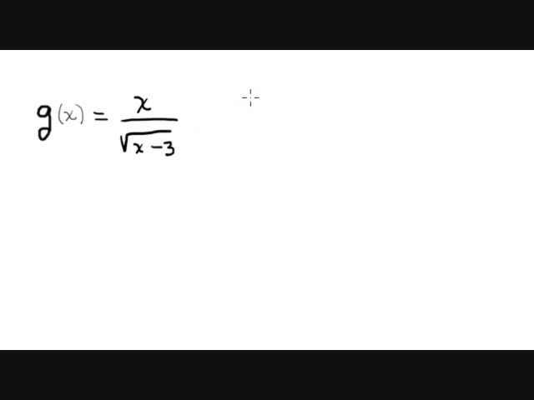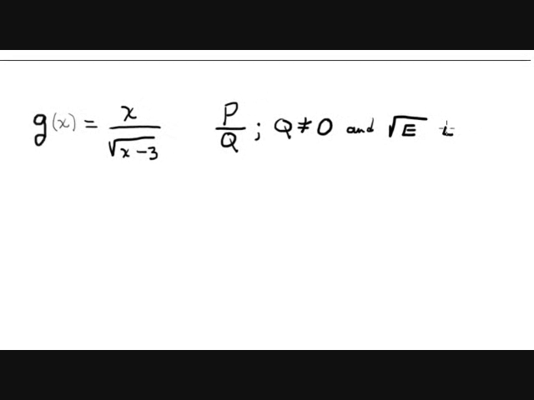Remember, when you have a fraction, the expression in the bottom must be different to 0. And also, when I have a radical of any expression, the expression inside must be non-negative.